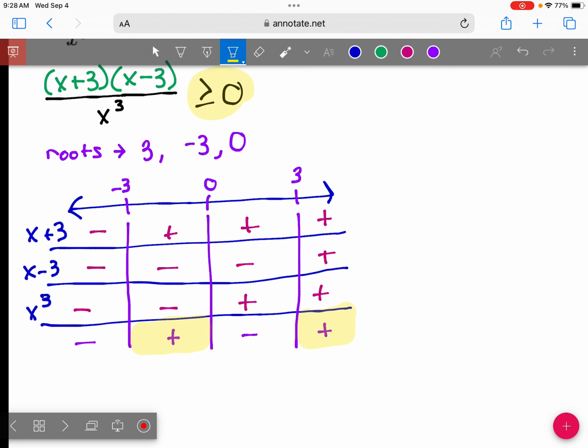Before we get too far into writing our intervals, since we want this to equal 0 but we had a fraction at the beginning, are there any of these that are not allowed to be in our denominator because it would make my denominator 0? 0. So 0 is not included in my solution set because it makes my whole system undefined, right? Because it's dividing by 0. So when we're putting it into interval notation, pay attention to the fact that 0 is excluded.